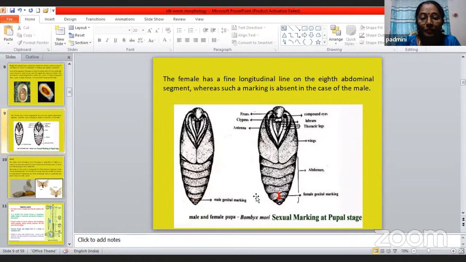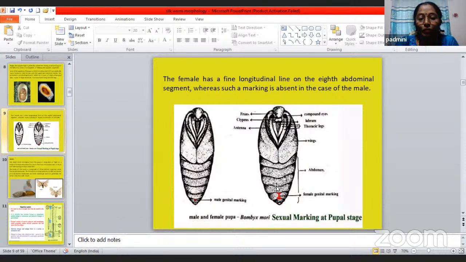If you can see over here, in a male, the genital marking on the 8th abdominal segment is present in the pupal formation, whereas in a female you have an X-shaped mark which is not found in the male. So it is a fine longitudinal line on the 8th abdominal segment, whereas such a marking is absent in the male abdominal region.